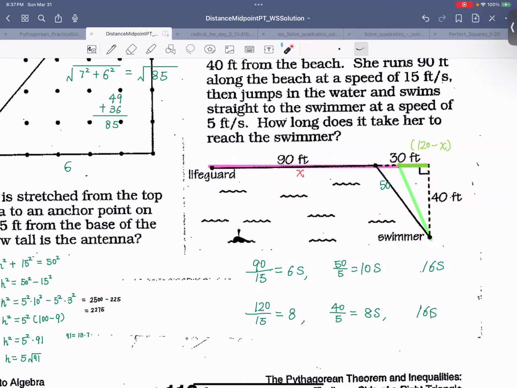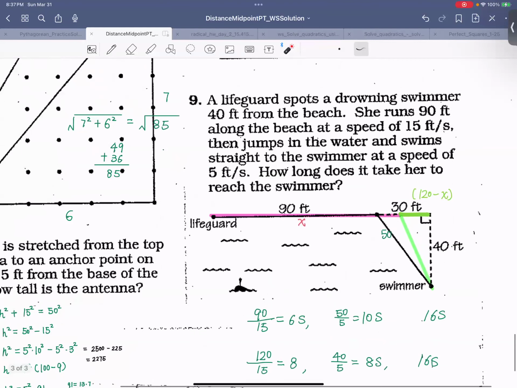But the speed of the lifeguard on the road and in the water is different. So which is the position where the lifeguard should jump into the water so that the time to reach that person is the shortest, using the Pythagorean theorem?